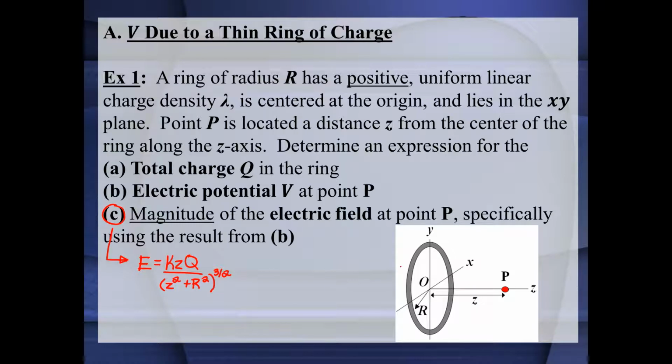All right, so first things first, you need to figure out what the total charge of the ring is. We can do that just by writing down the equation for the linear charge density. My linear charge density is defined as lambda equal to Q divided by L. Now, the entire wire is bent in the shape of a ring, so the length of the wire would just be the circumference of this circle.